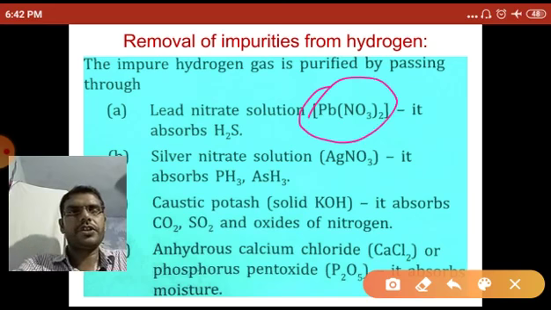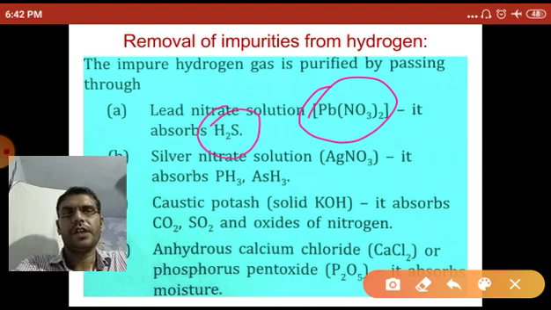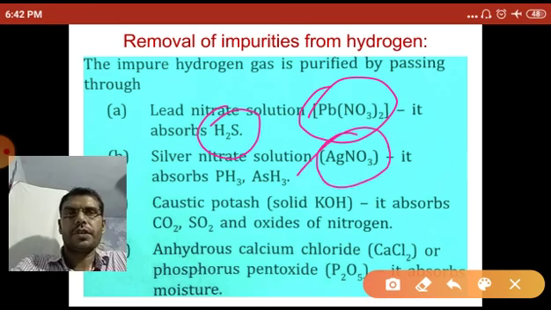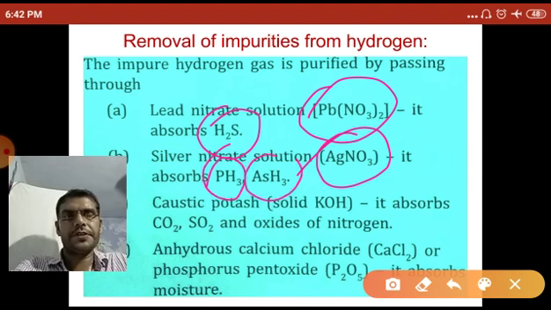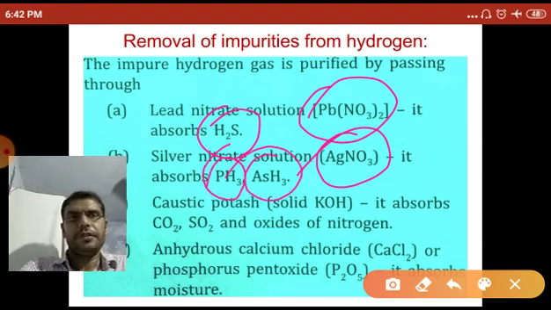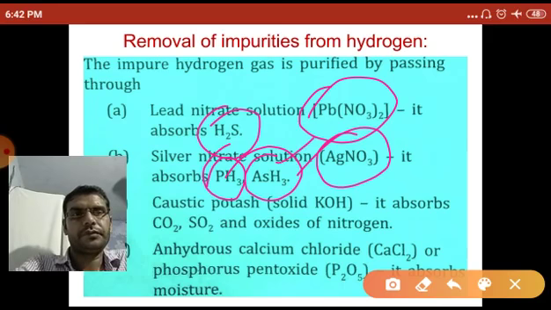The lead nitrate solution absorbs the hydrogen sulfide. Now the impure hydrogen gas passes through the silver nitrate solution, and that silver nitrate absorbs the phosphine and arsine.